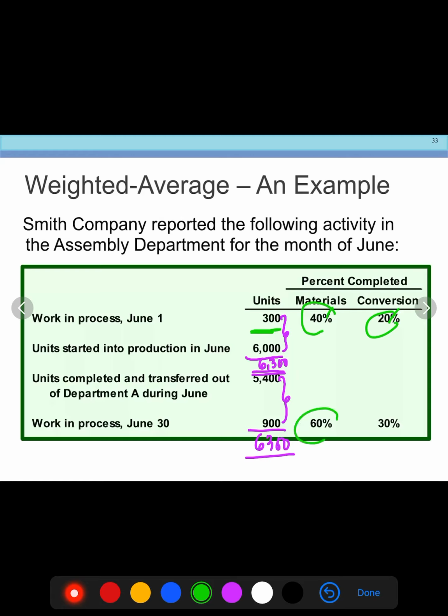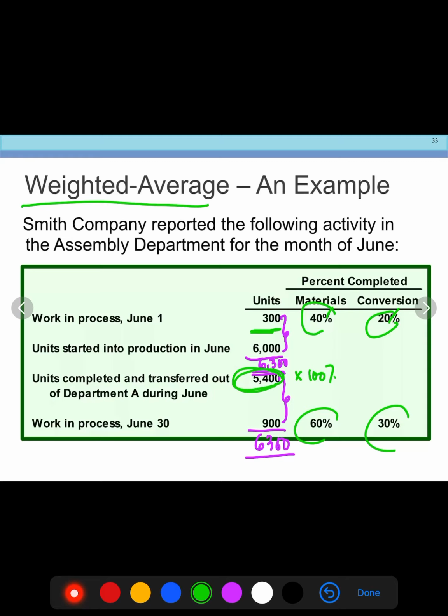The same is true with the work in process. 60% is completed for materials and 30% is completed for the conversion cost. Okay. Pero kagaya nga ng nasabi natin kanina, under the weighted average, wala yung pakialam kung saan galing ang natapos. Kung ang natapos natin is 5,400, wala siyang pakialam kung saan nanggaling. Because if you follow the weighted average method, the 5,400 is considered to be 100% completed.